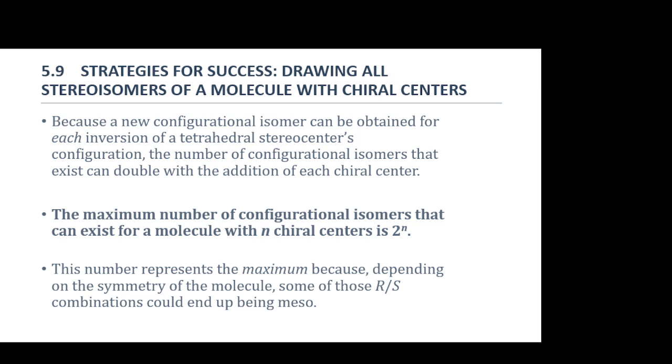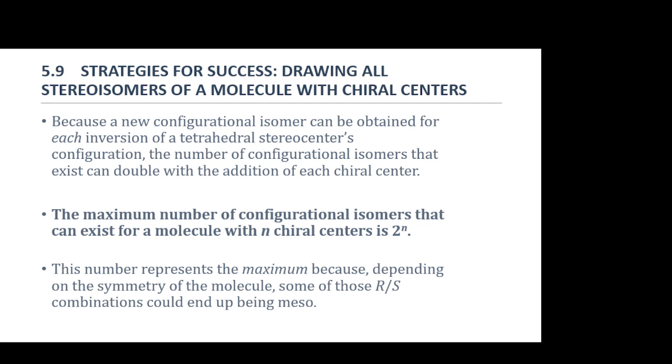And so the maximum number of configurational isomers that can exist for a molecule with n chiral centers is going to be 2 options to the power of the number of places those options exist, right? Just like if you were to flip heads and tails, okay? So the number represents the maximum.